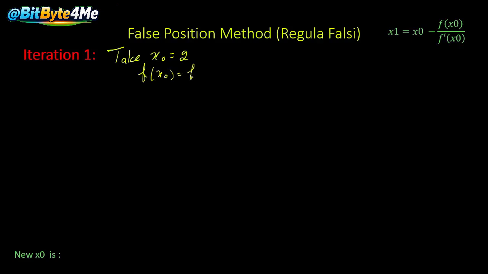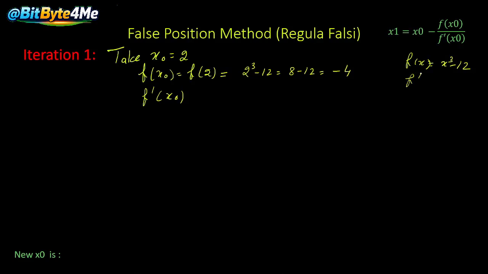x0, that is f of 2, which will be 2 cube minus 12, that is 8 minus 12, which is equal to minus 4, and f dash of x0. To calculate f dash, we are given that f(x) is equal to x cube minus 12.